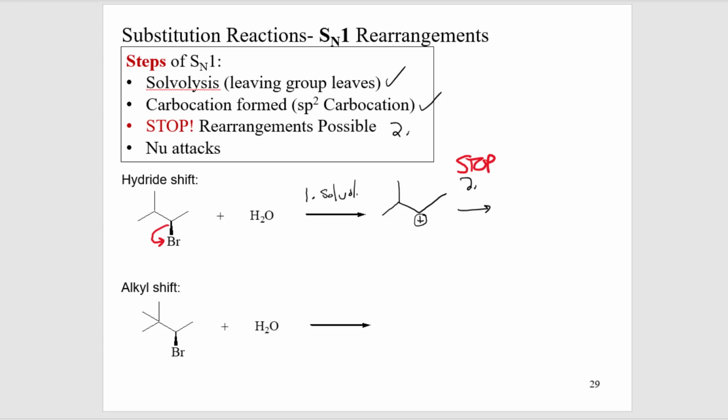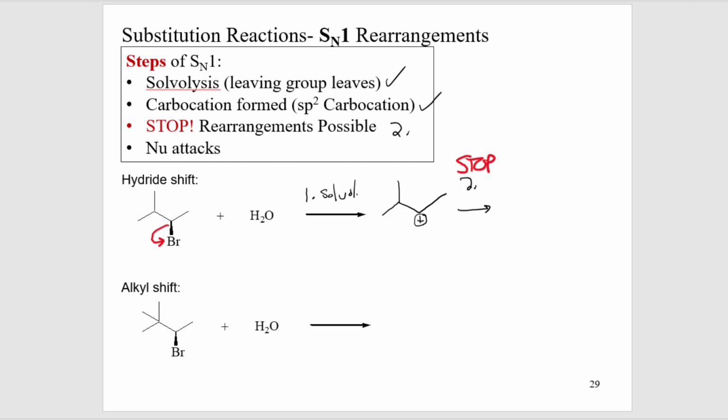This is where you apply the things that we learned in chapter 6 for radical chemistry. Now remember, we've got a carbocation. This is a carbon that does not have an octet, okay? It's lacking electron density. Do you remember the things you ought to look for to stabilize carbocations and radicals?